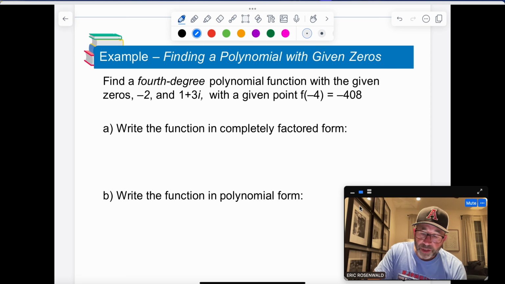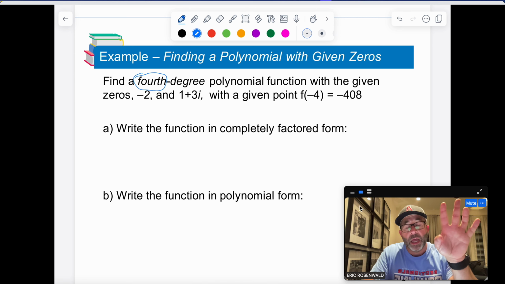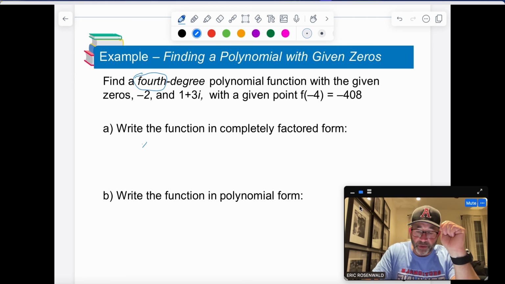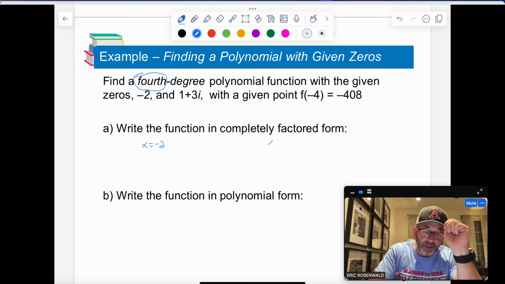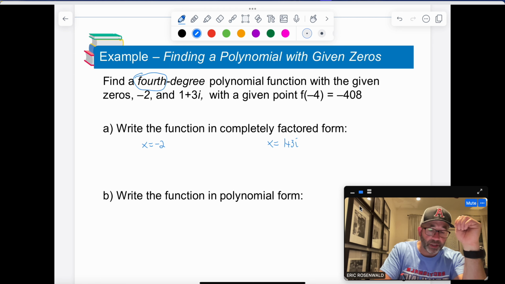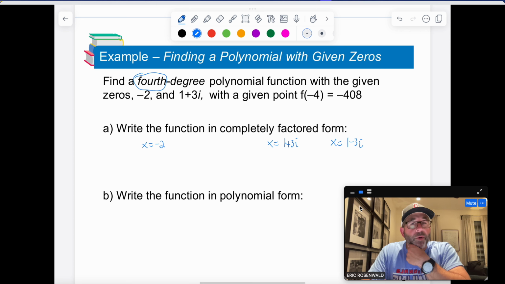We are given first that it's a fourth degree polynomial, so there have to be 4 factors for this. One of them is that x is equal to negative 2. One of them is going to be x is equal to 1 plus 3i. Its conjugate is going to be x is equal to 1 minus 3i. Now, where's my fourth one?